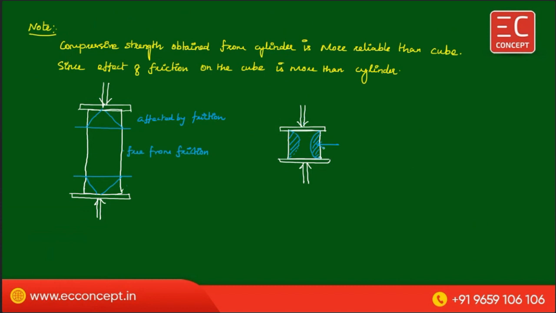So this is the region affected by friction. This is the reason the compressive strength obtained from a cylinder is more reliable than from a cube. This is the cylinder and this is the cube.